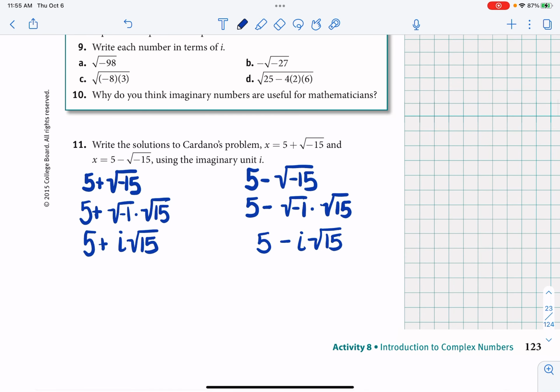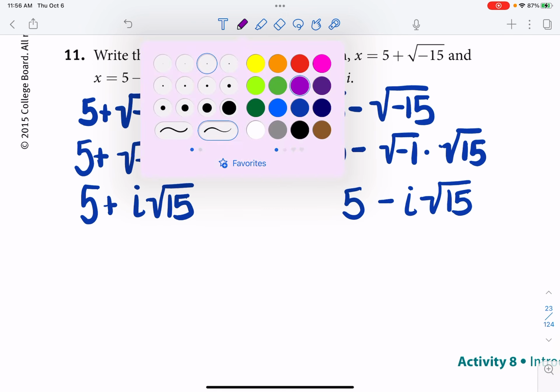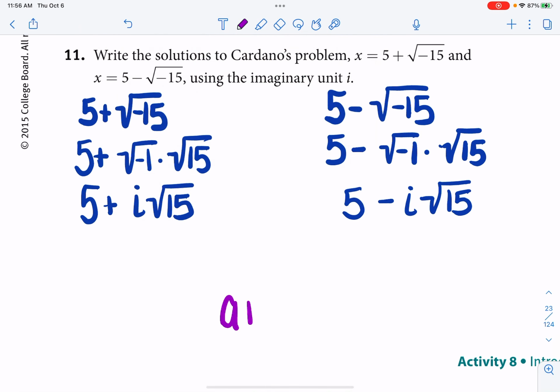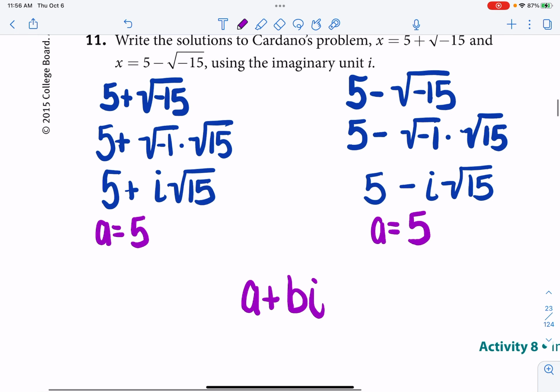Here's the deal. Looking at these two, they are written in the form a plus bi. The number that is your starting number that does not have an i attached to it would be your a. So in both of these, a would be 5. The only thing that changes, and this is key, is b.